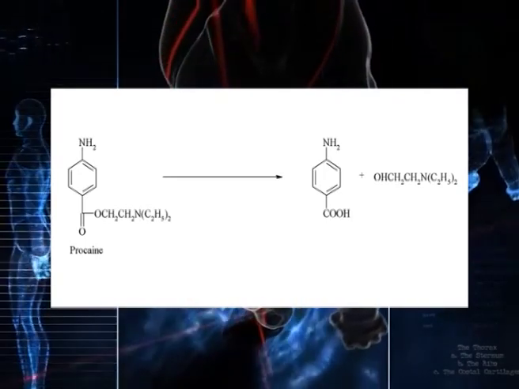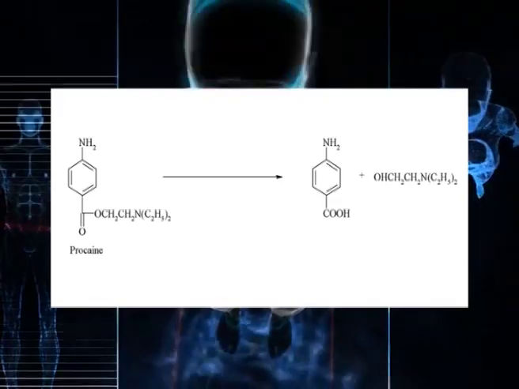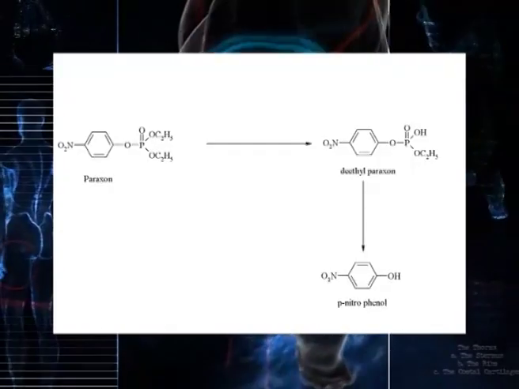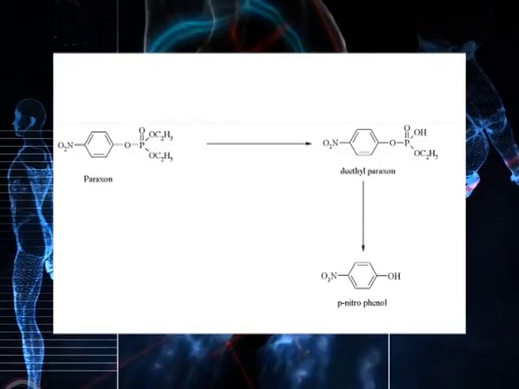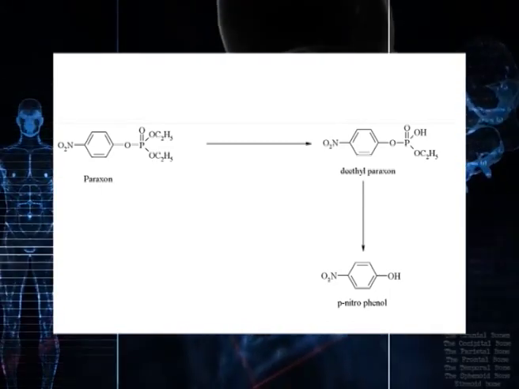Procaine, a local anesthetic agent, is metabolized to its corresponding carboxylic acid derivative. Similar to the carboxylic acid ester derivative, that is procaine, phosphoric acid ester, for example paraoxon, also metabolizes into its respective phosphoric acid derivative.